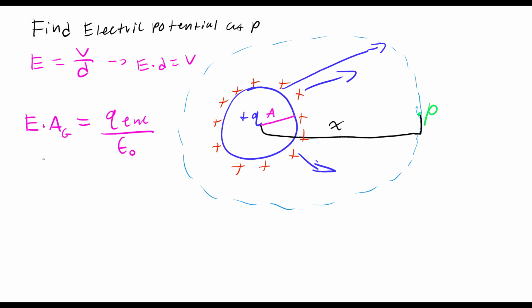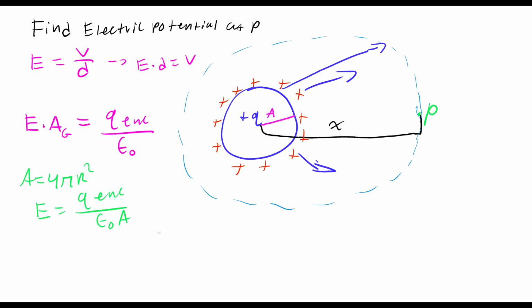So what's the area of the Gaussian surface? In this case it's going to be a sphere, and the area of a sphere, which you should know, is 4 pi r squared. We're just going to divide this out. So E is equal to the charge enclosed divided by epsilon sub naught, and we're going to divide it by A. I just moved the A over here.